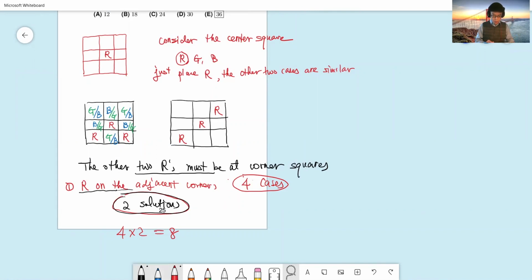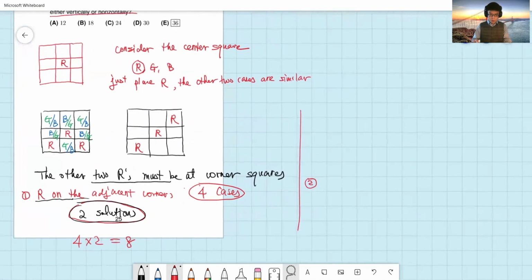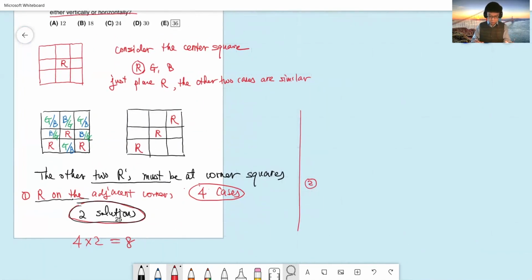And next, we consider the case that the other 2 R's are on the opposite corners. And there are two cases because we have two diagonal lines. Now for each case, let's see how many ways we can place B and G. Let's take this picture here.